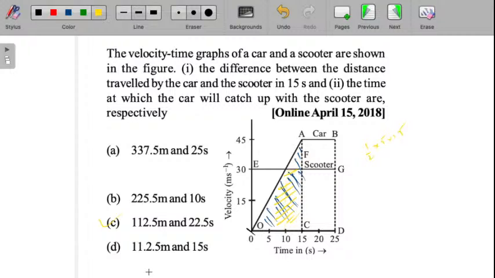And for them to catch up, the total displacement should be the same, right? Obviously we can understand at this point in time, the area of the scooter would be this, and the area of the car would be this much more than the scooter.